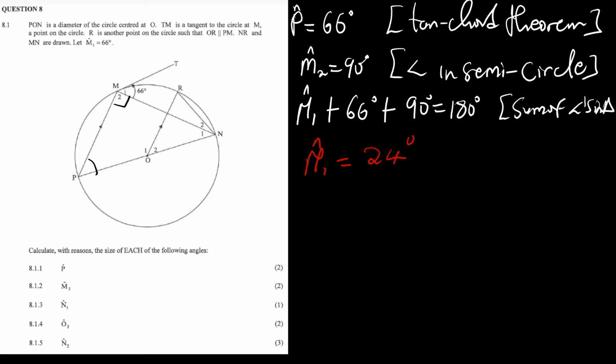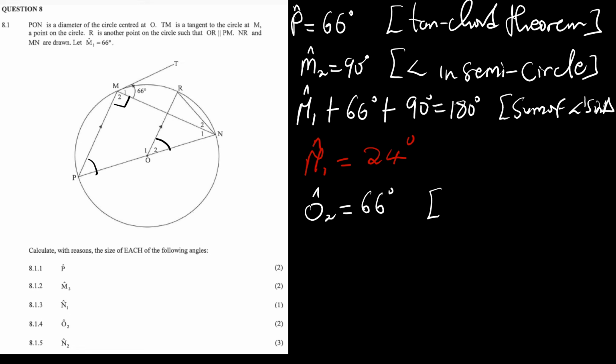Then the next question is to find angle O2. If you check here, we have parallel lines. So angle O2 is equal to angle P. They form an F shape, which is corresponding angles. So angle O2 is equal to angle P, because that's an F shape, which gives corresponding angles. Angle P is 66 degrees, calculated in the first question.